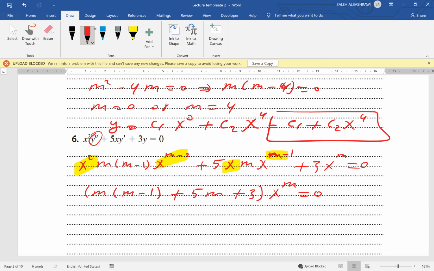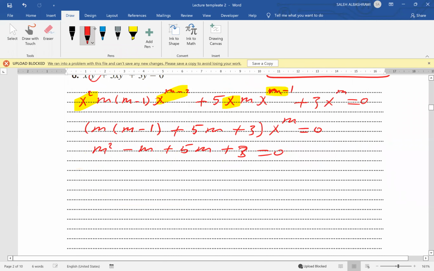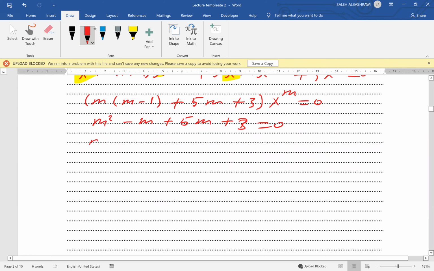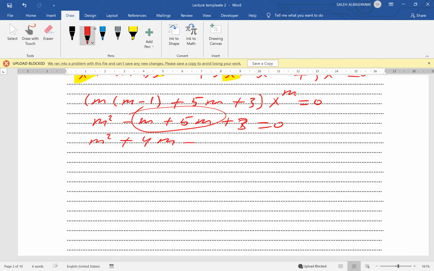Then the auxiliary equation will be m squared minus m plus 5m plus 3 equal to 0, or it is m squared plus 4m plus 3 equal to 0.